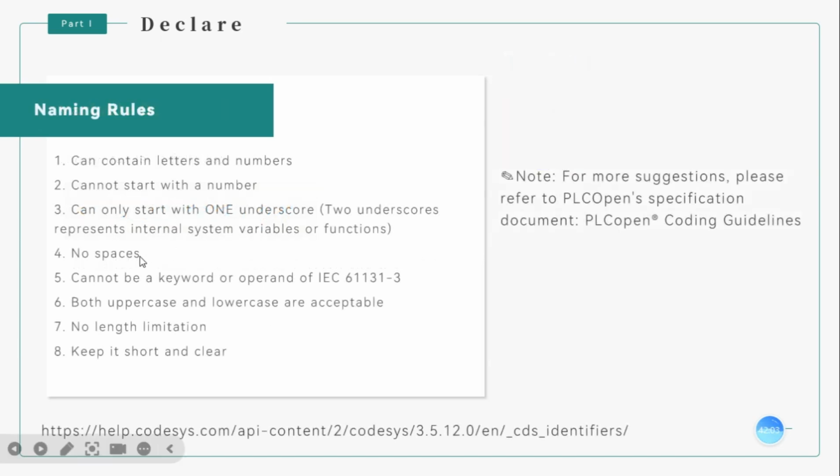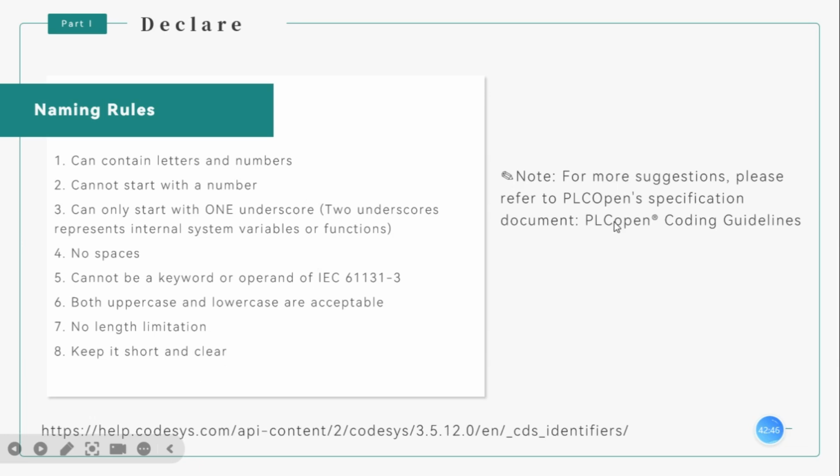So about the naming rule, we can contain this letter and number, but we cannot start the name with the number, and also we can only start with one underscore. Okay, so no spaces and no limitation. This is PLC open naming rule.